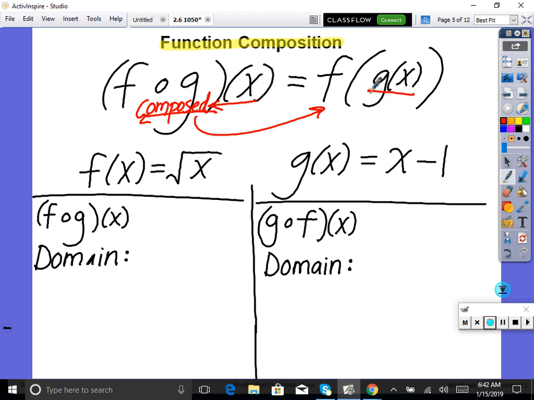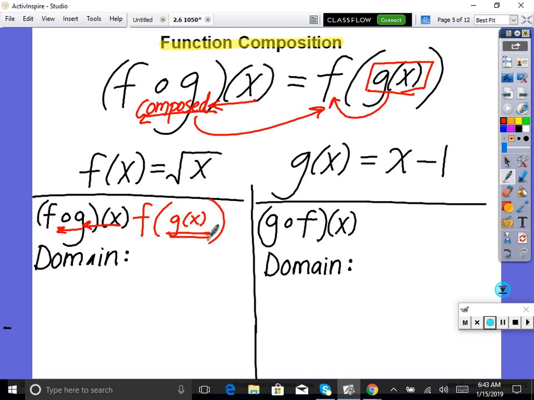So we know that we would take g of x and plug it into function f wherever there's an x, correct? You just replace it. So let's rewrite this correctly. Here's f of x, here's g of x. It says find f o g of x. Let's rewrite it. Squish it back, squish it back. So that would be f of g of x. We always plug in what's inside our parentheses.